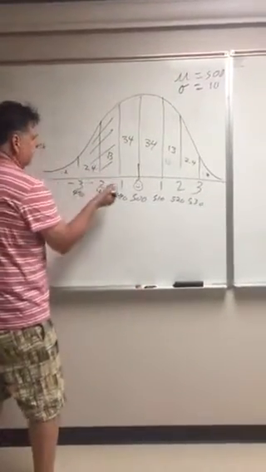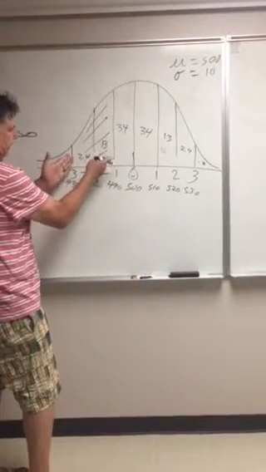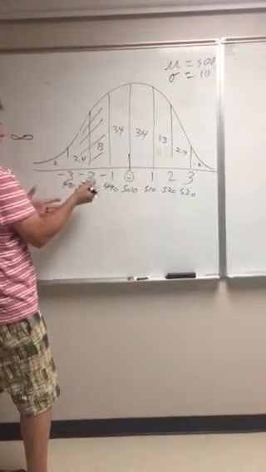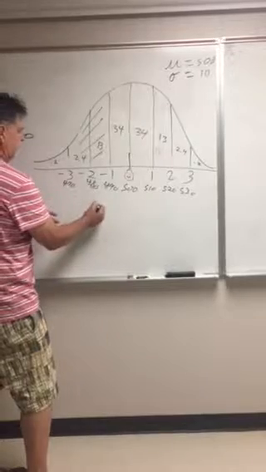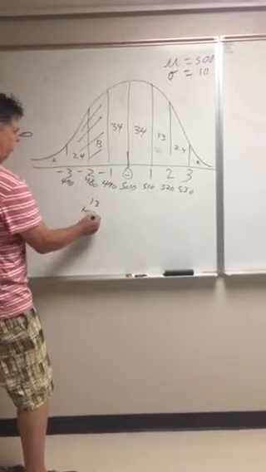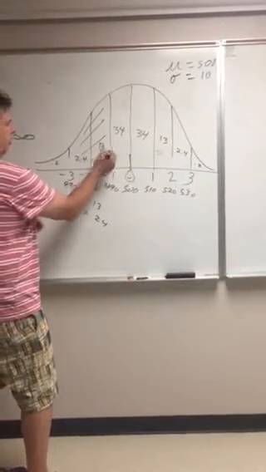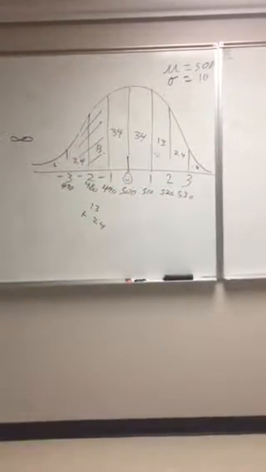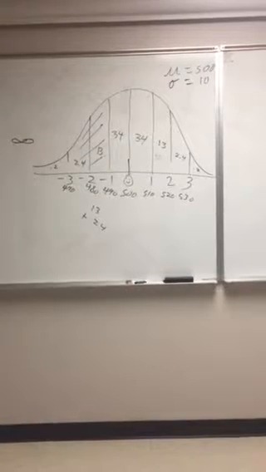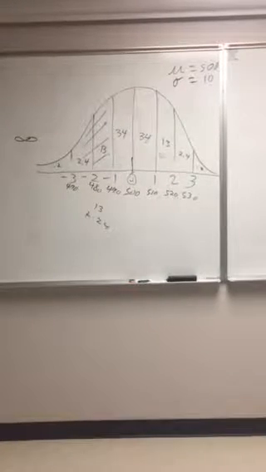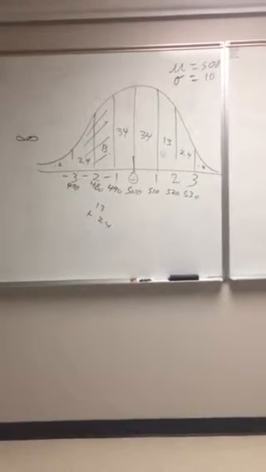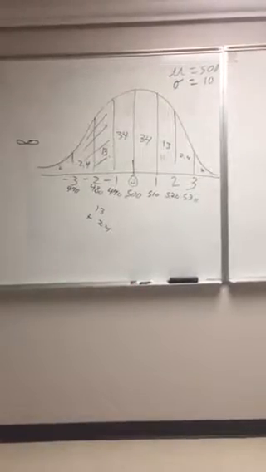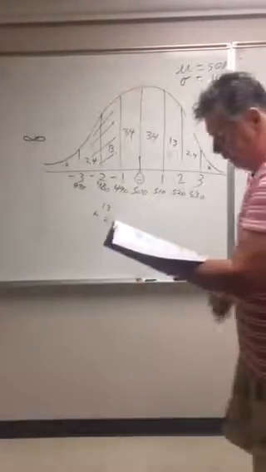So if I'm asking what this area is here, all I would have to do is add 13 plus 2.4. And it's 13 point something. I can't remember exactly what it is. It's in the book. Like I say, each book has its own values. Sometimes it's really weird.